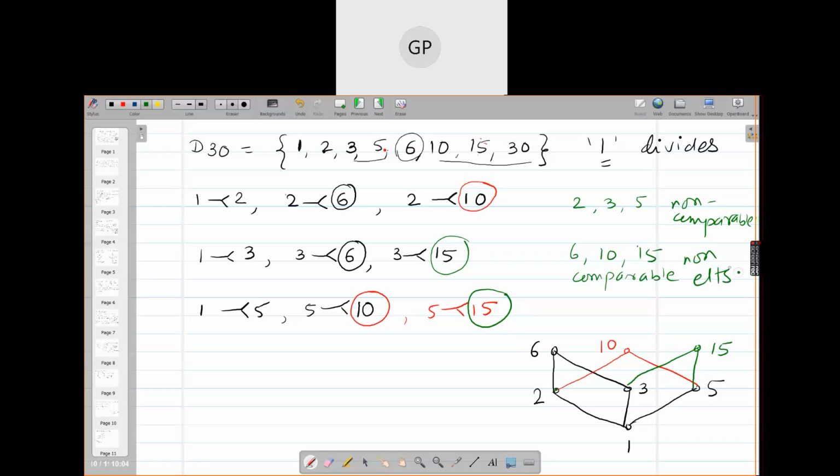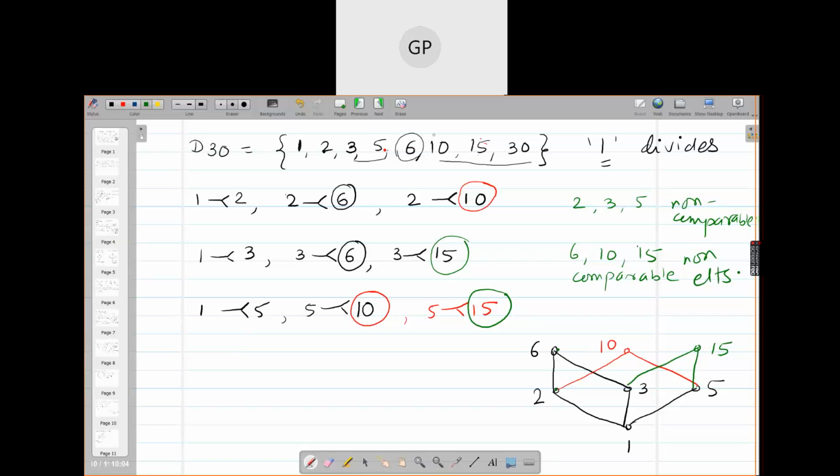No, ma'am. Therefore they are also at the same level. Now, next, 6 is covered by whom? Is 6 covered by 10? No. 6 is not covered by 15 either. They are at the same level.